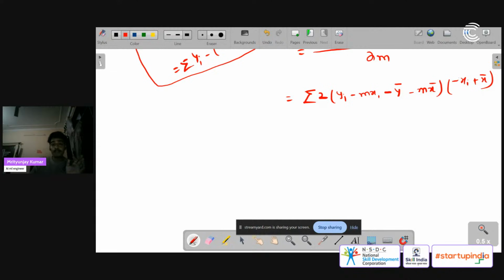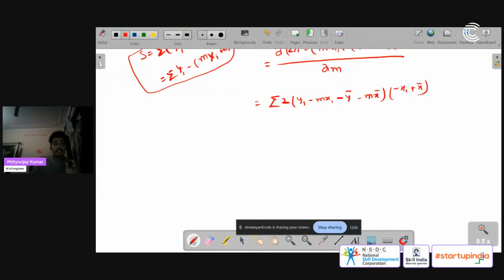Our target is to make m and b minimize the error, so that the error is minimum, and minimum error means best fit line. And by using slope, we can reach the bottom of the curve, as I told you. That's why I differentiate.